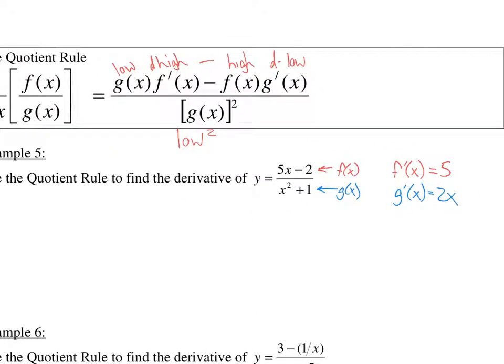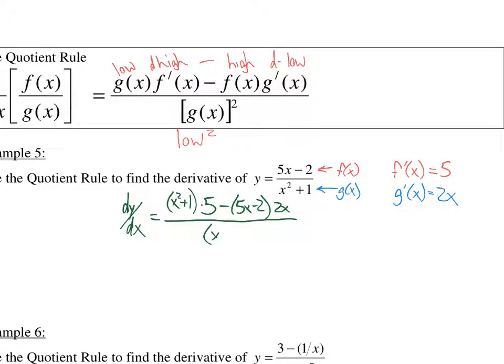Our formula for dy dx is low d high minus high d low all over low squared. Don't forget to square the denominator. It's low squared. And then it's just a matter of simplifying. You simplify that numerator.